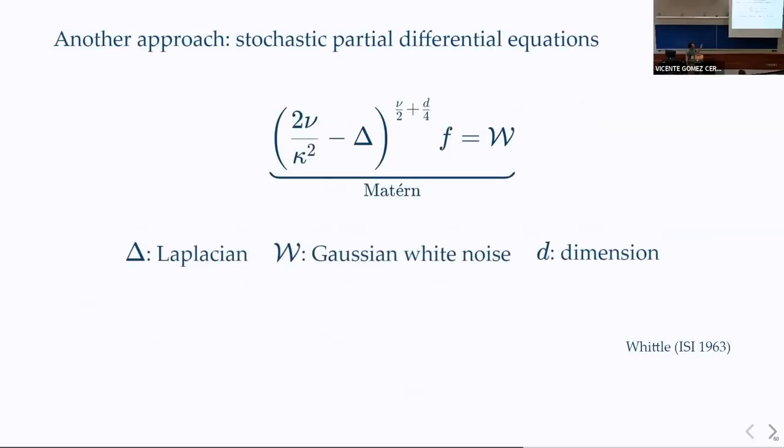It goes back to the result of Whittle in the 60s, saying that the standard Euclidean Matern kernels are kernels of the Gaussian processes that solve this particular stochastic partial differential equation. So here, delta is the Laplacian operator on Rn, W is the Gaussian white noise, and D is the dimension of your Euclidean space.